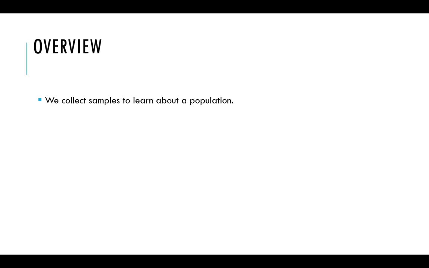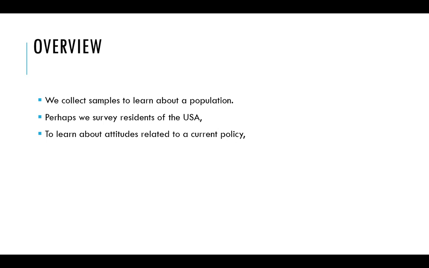Now, we collect samples to learn about populations. We've already introduced that idea. Maybe we want to survey residents of the United States, and our goal is to learn about attitudes related to current policy. Maybe we're talking about affirmative action, which just happens to be something going on right now as I record this. So we want to use a survey.